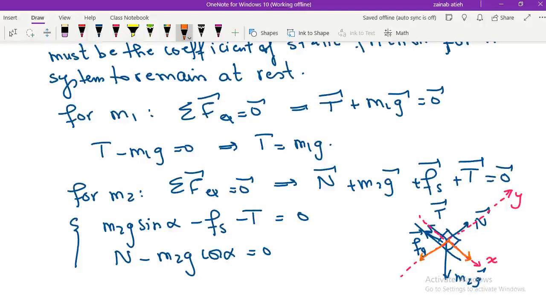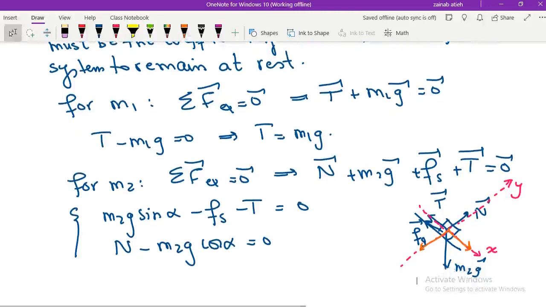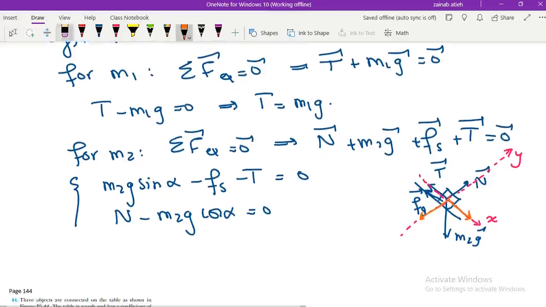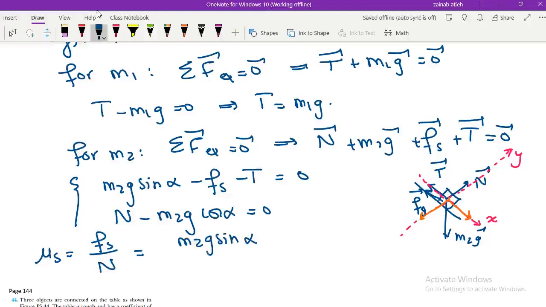Now I want to find μs. μs equals Fs over N, static friction over normal. So I have to find Fs, it's easy. From the first equation Fs equals M2G sin alpha minus T, I'm solving quickly, over N from the second equation, which is M2G cosine alpha.